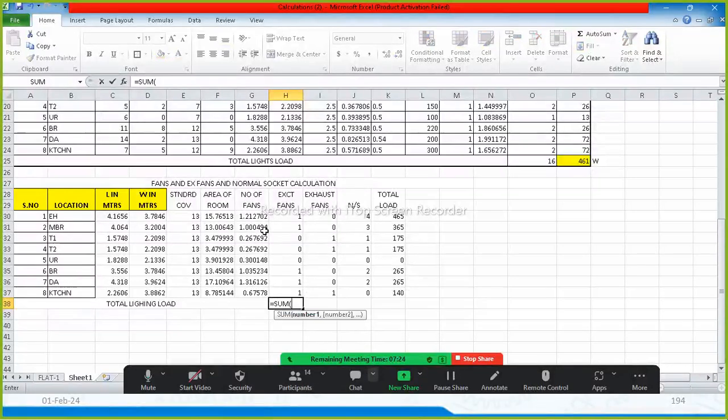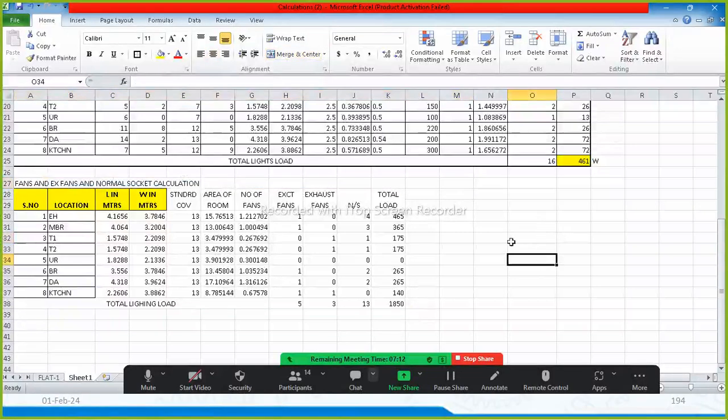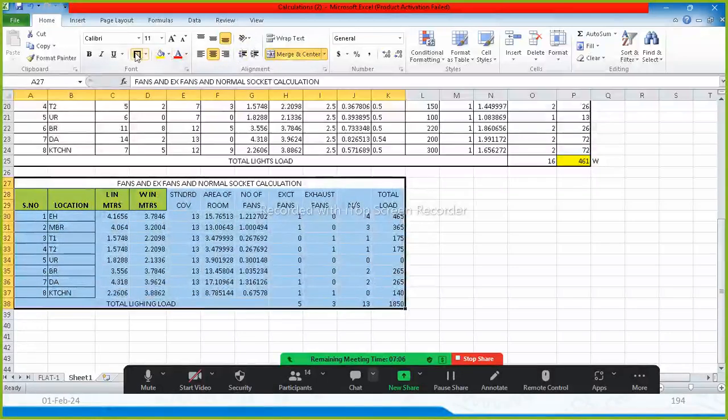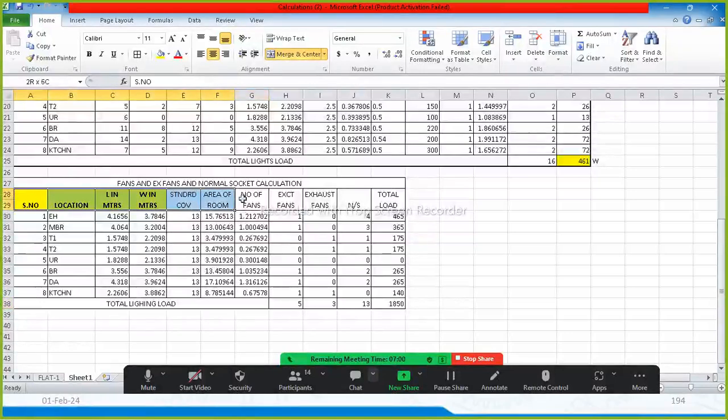So that is again equal to the sum of, okay, so this is the total load. 1850 is the total load, which is the total wattage. 1850 watts is the total watt.